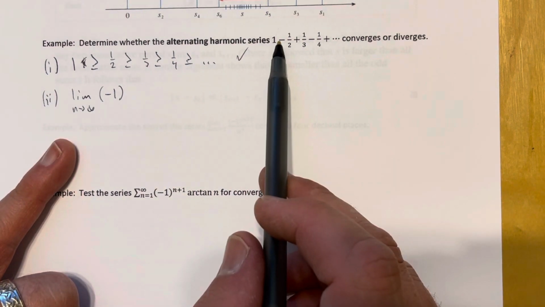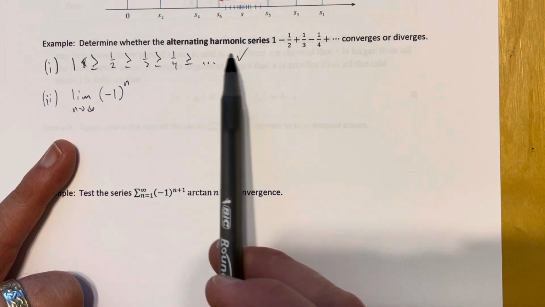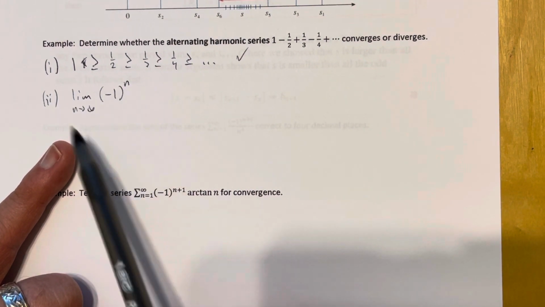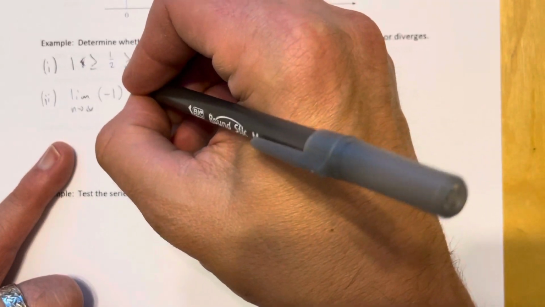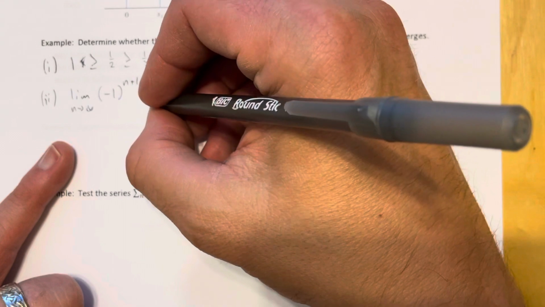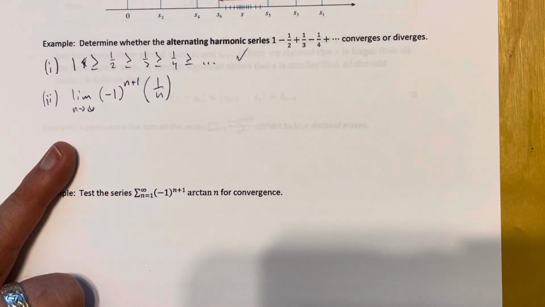I want my first term to come out positive, so it's not going to work to just put n there, because if my sum goes from n equals 1 to infinity, then my first term would end up being negative. I'm going to add a 1 to make sure that I start with a positive term. And then the remaining terms just look like 1 over n, right?